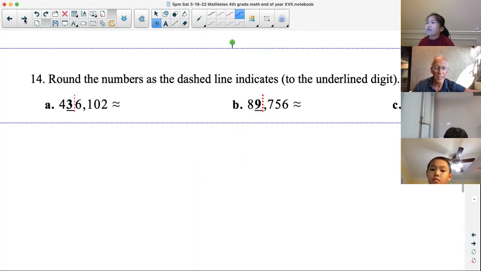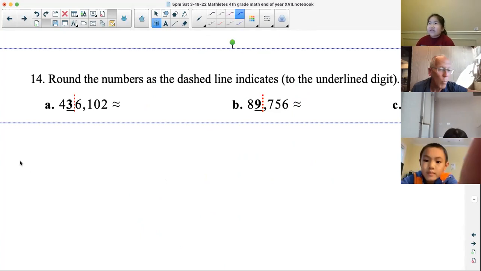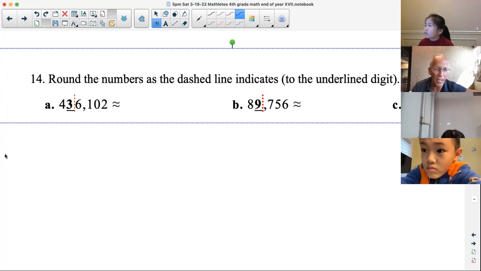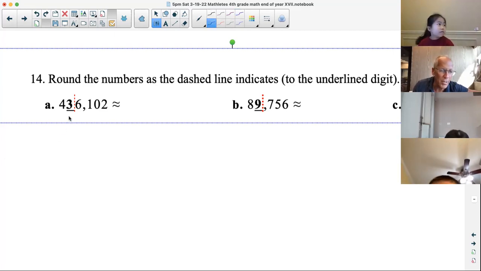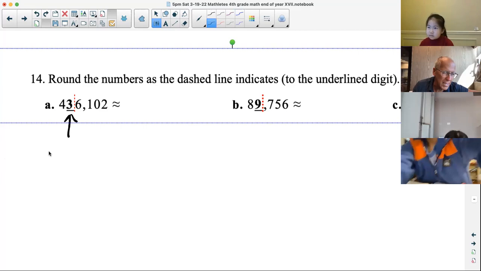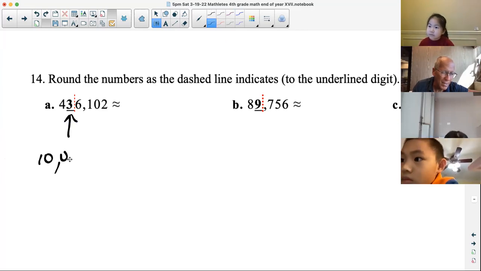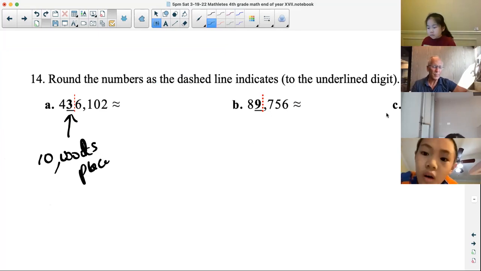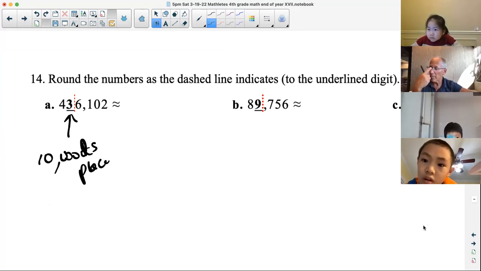Very nice. Now, I want you to round the numbers to their indicated place value. So this one, the 3, is in the 10 thousands place. Jason E, again, I cannot see you. Please sit up, get into the screen, and pay attention.